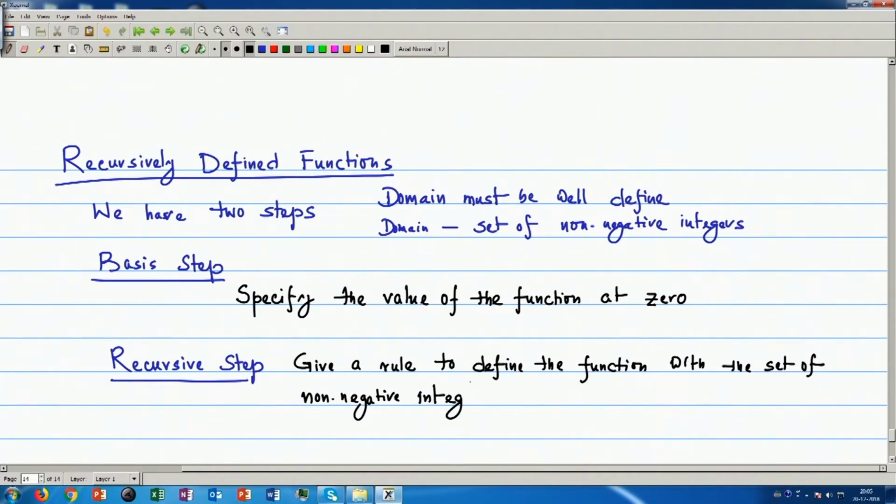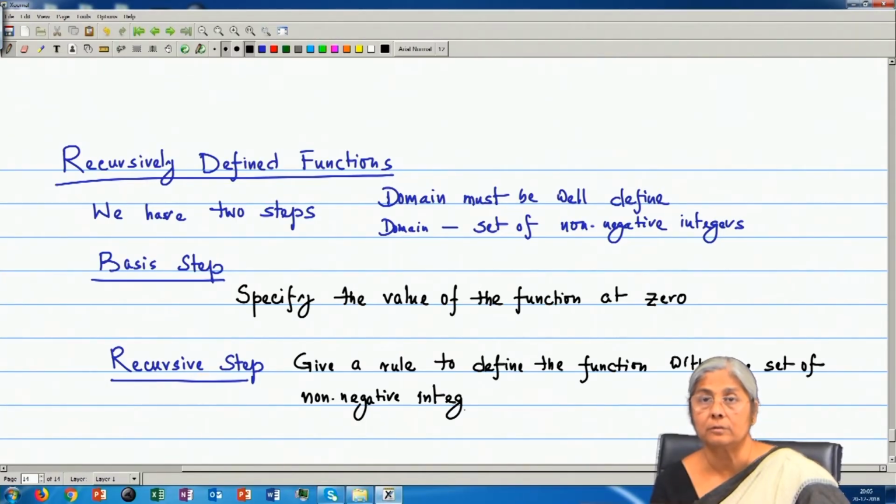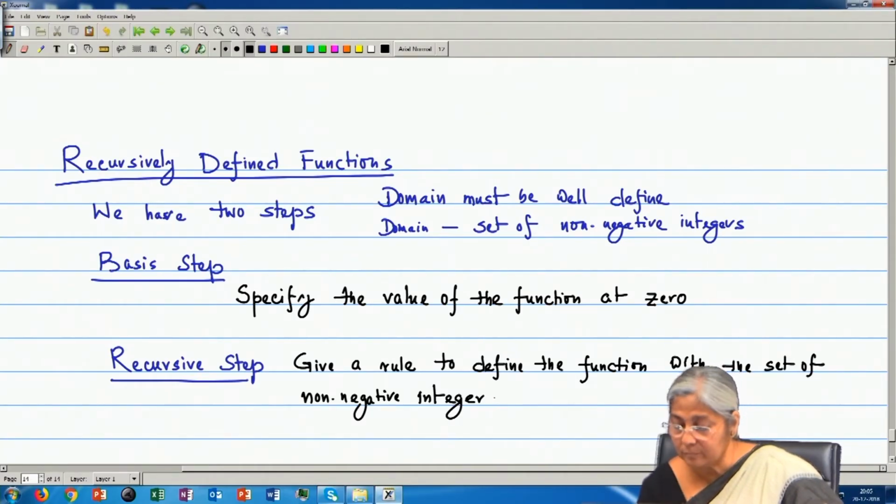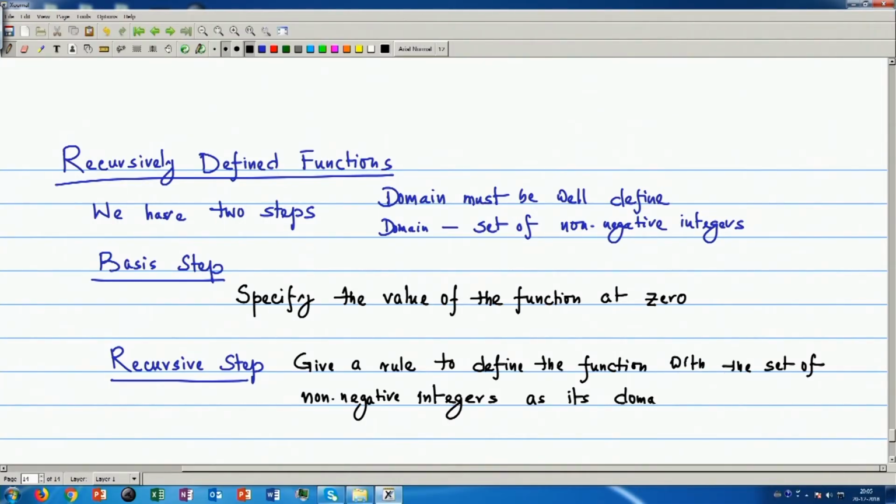So, my recursive rule is such, it should not violate the domain that we have defined in the problem as its domain. This is a very important thing and we must remember.